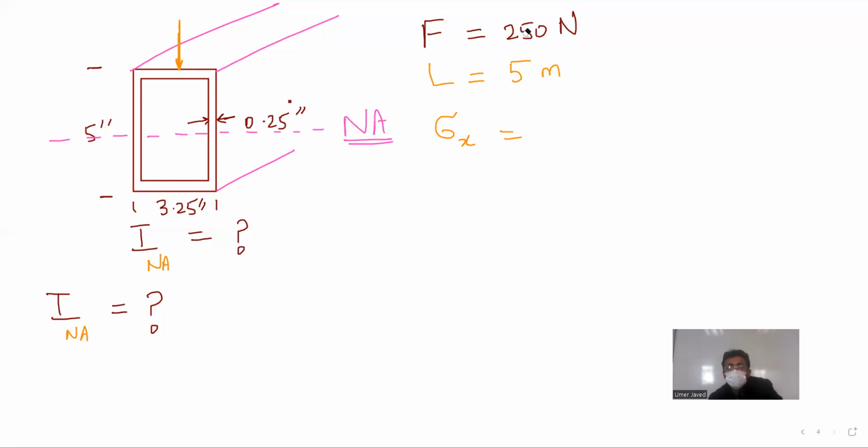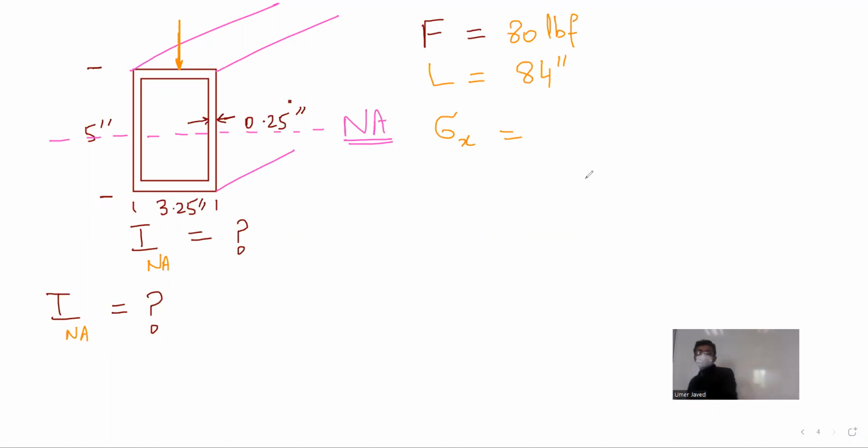Okay, force equal to, let me give you new values now. Force is equal to, let's say, 50 kilogram, so 800, so let's say 80 pound force. The length is, let's say, 7 feet, so 84 inches.